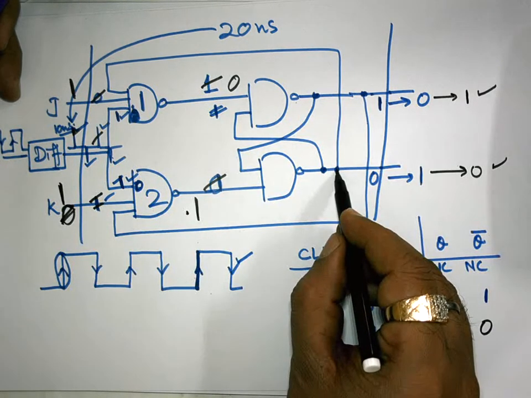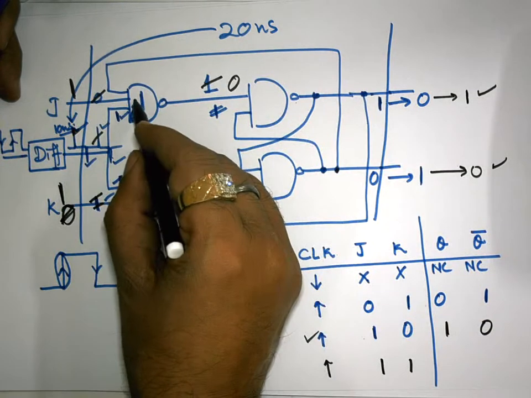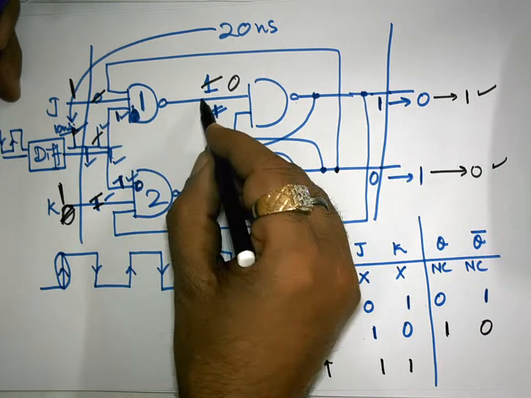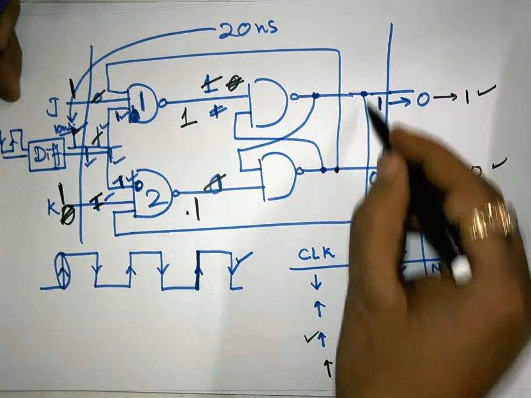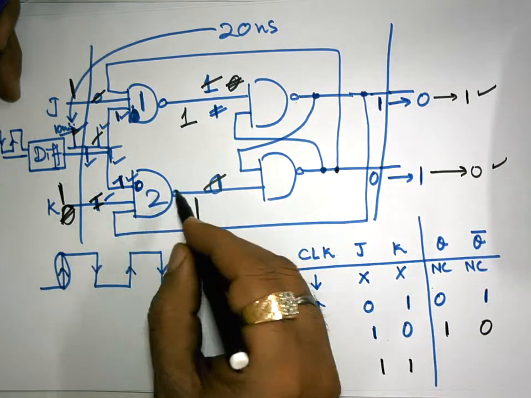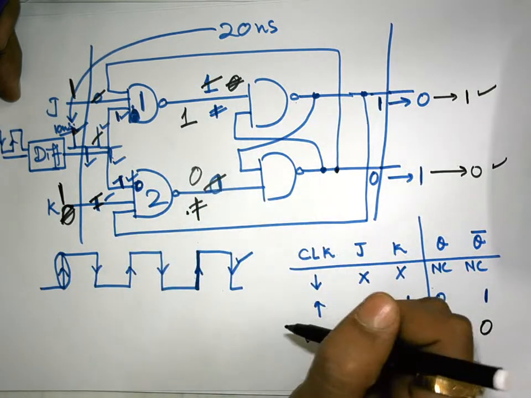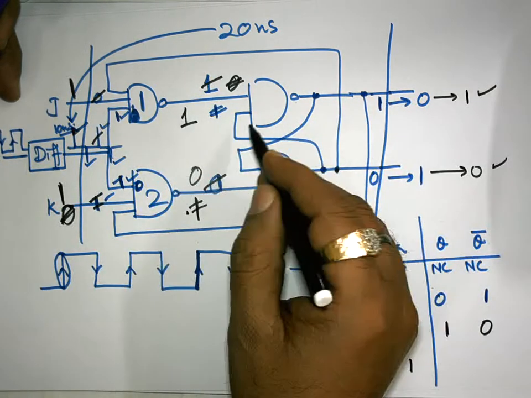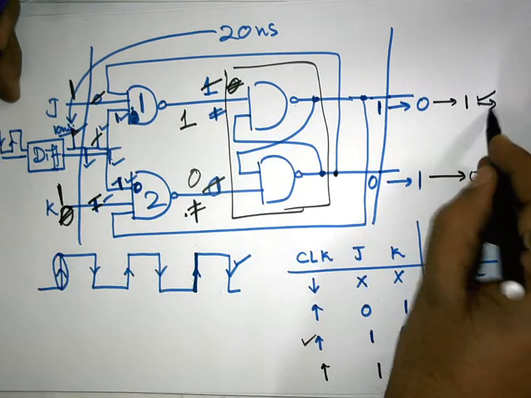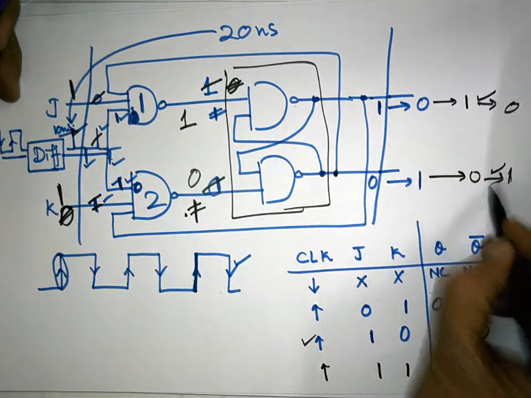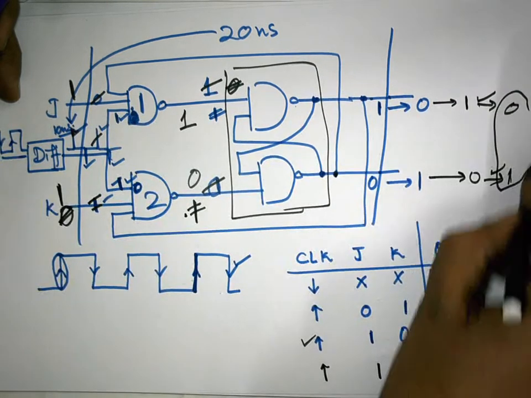From Q bar, and this Q bar will make it 1, and this 1 and all ones will make it 0, and 1 0 at this latch part of the circuit is going to make it 0 and 1, and this 0 and 1 will stay.